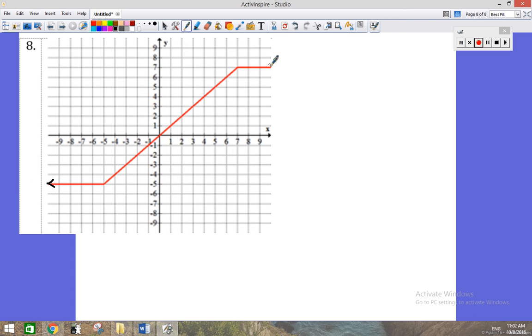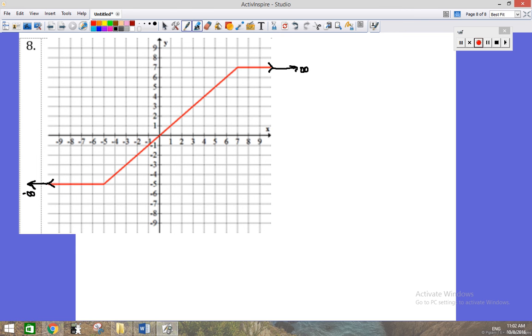We can assume that it continues that pattern, so we put arrows there. That's giving us 2 pieces of information: the x's are going to negative infinity, but the y's are remaining constant. And the same thing here, the x is going to positive infinity, but the y values are remaining constant.